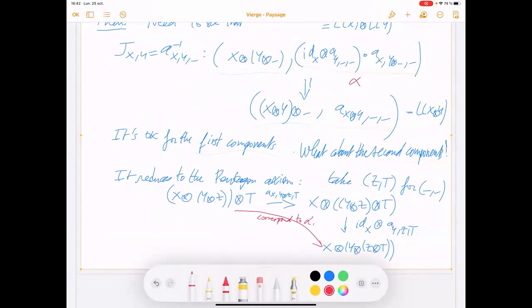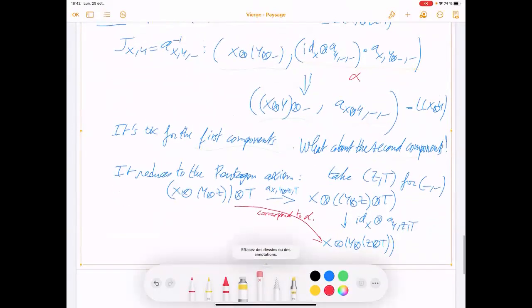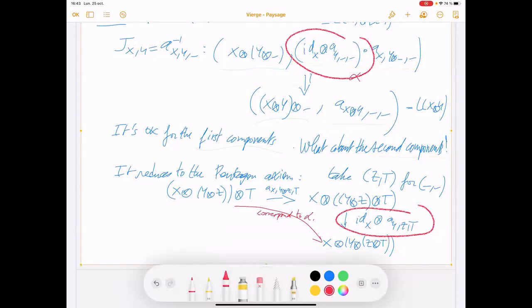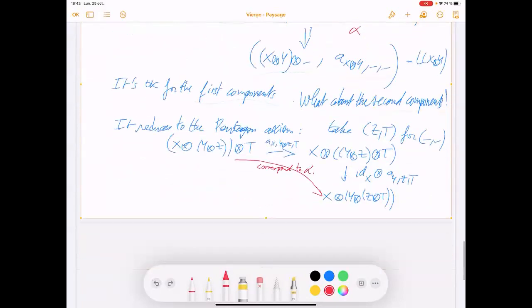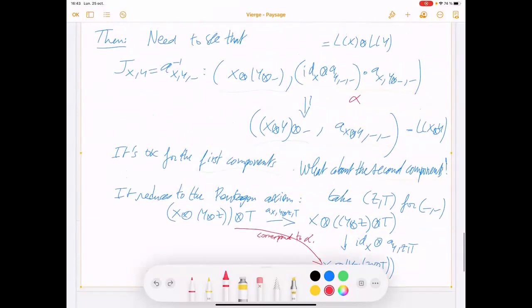You see, you have this part, with something, you replace it by ZT, and this part, ZT. So this piece of the pentagon axiom corresponds to alpha here.